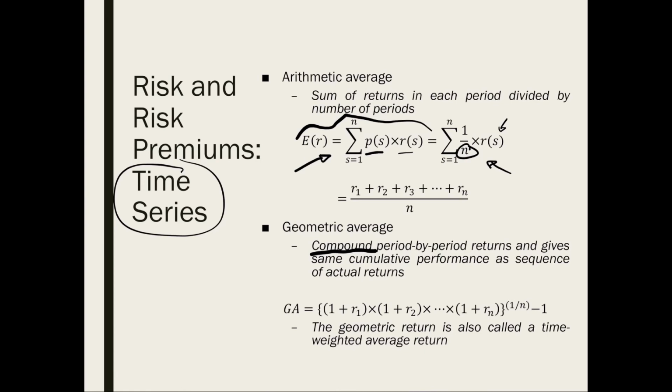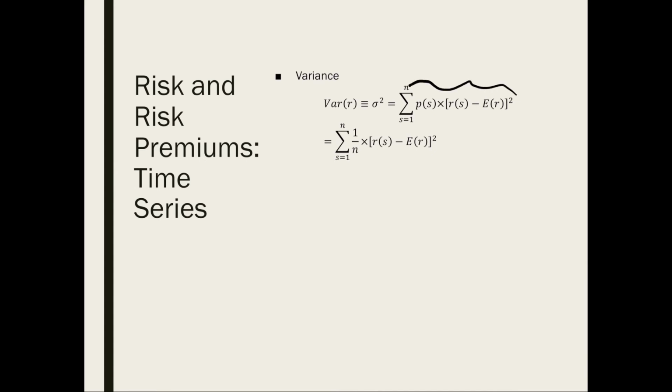Now that we know how to calculate an expected return or an average based on these time series, let's move on to calculating variance and standard deviation. To calculate variance, it's very similar to our scenario analysis, where we take the deviations from the mean, the average, but as you can see here, the first part of the equation, this is your scenario analysis.